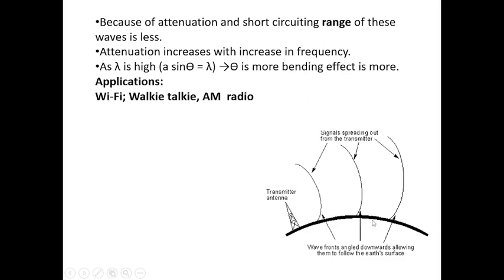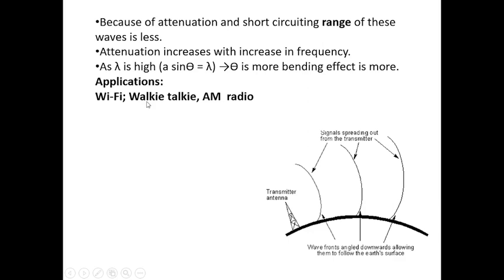This bending is because of the large wavelength. In that way, these ground waves follow the earth surface because of the more bending effect. The applications of these ground waves are Wi-Fi, walkie-talkie, and some of the AM radio stations.